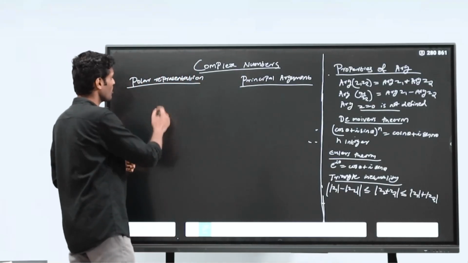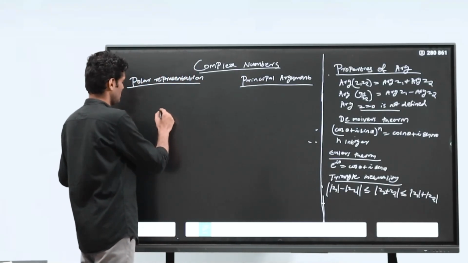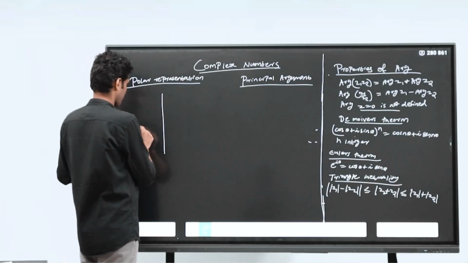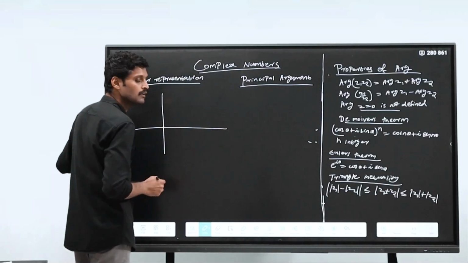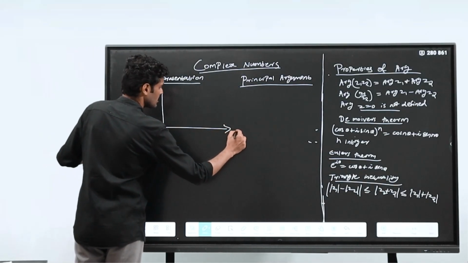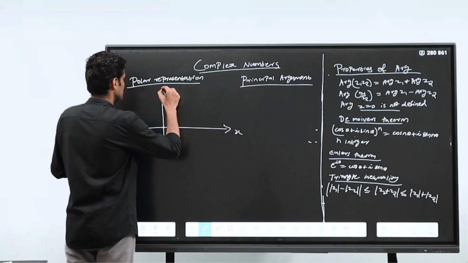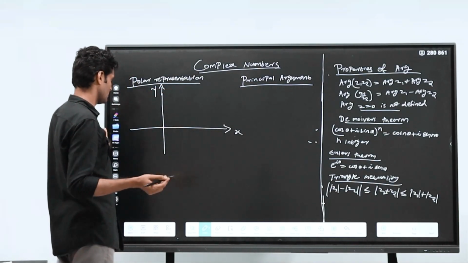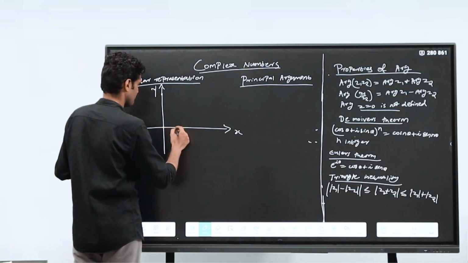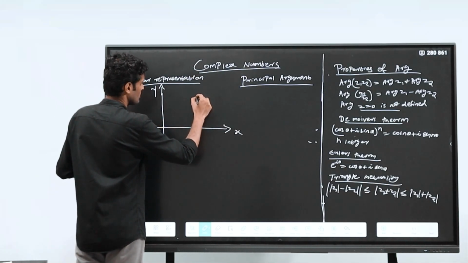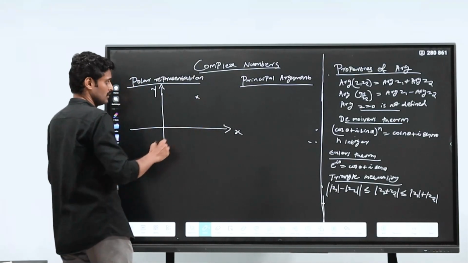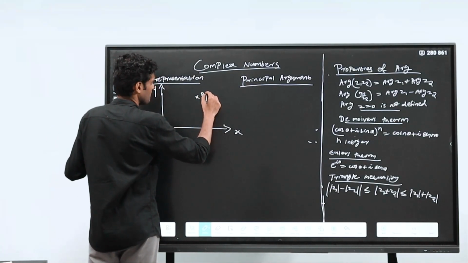So for polar representation, we can draw this is x-axis and this is y-axis. I am just marking a point P of x comma y.